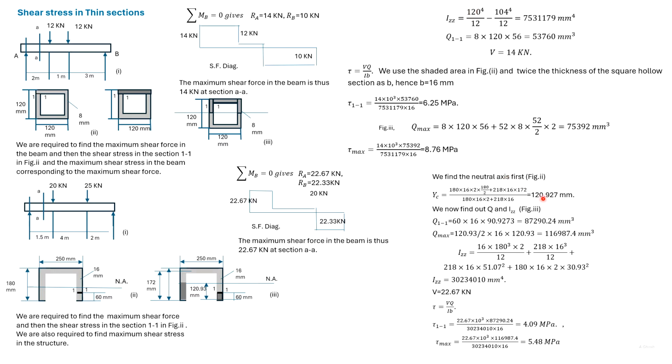With the position of the neutral axis known, we find out IZZ of the whole section. So we have found out tau 11 and tau max. Here P is the thickness of this section, which is 16 mm.